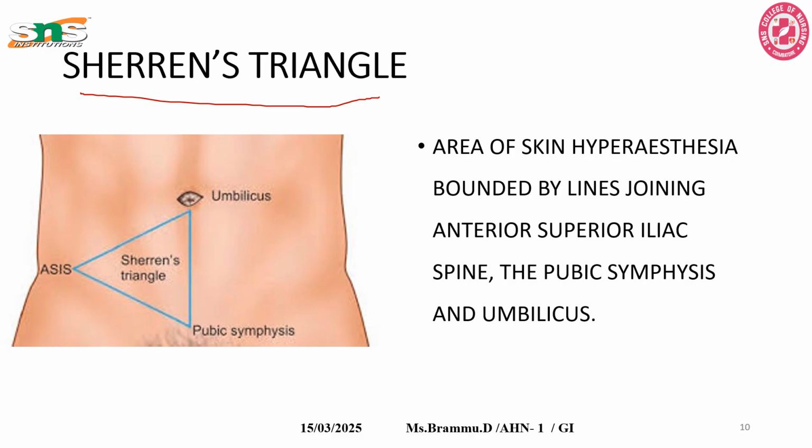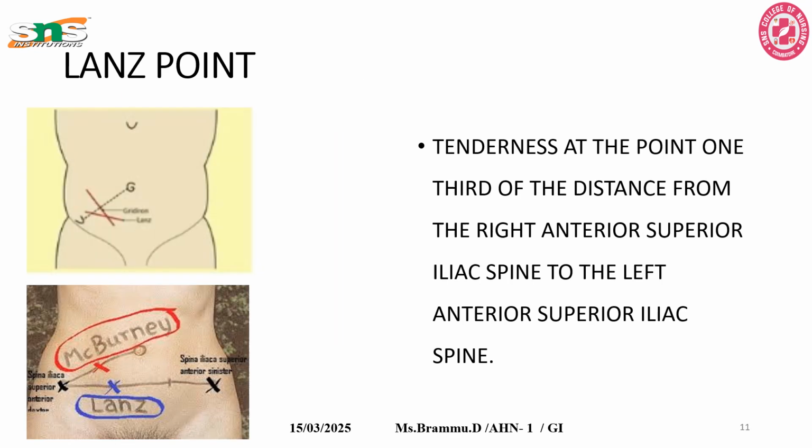And from the anterior superior iliac spine, another imaginary line is drawn to the umbilicus, forming a triangle. Whenever you feel that the patient is having hyperesthesia in this shaded triangle, it shows that the patient is having acute appendicitis.